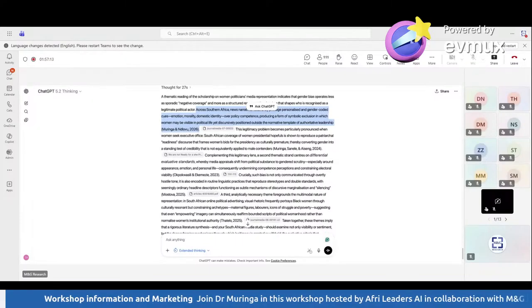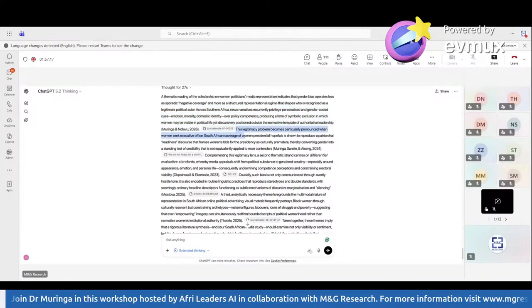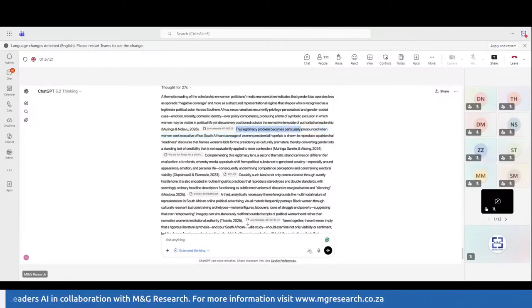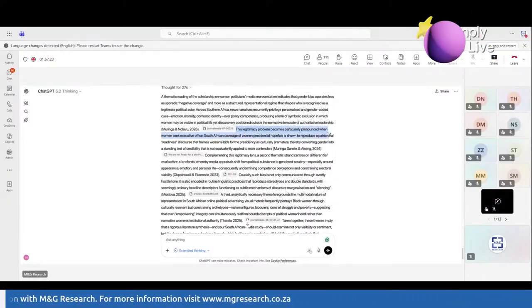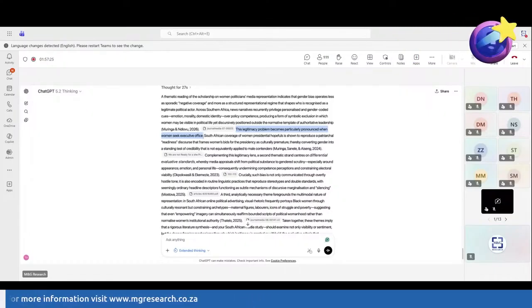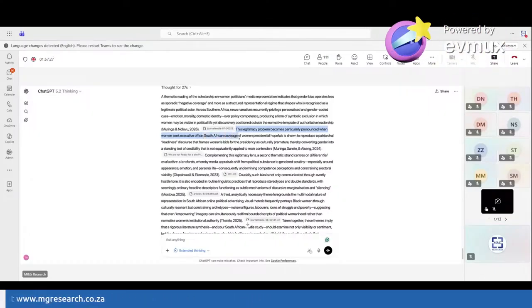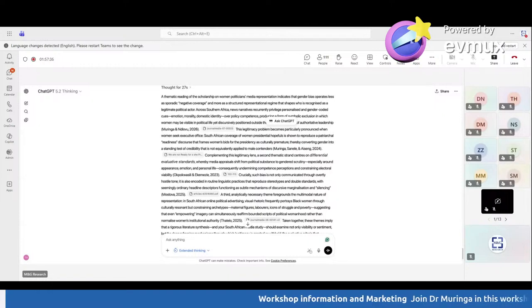This legitimacy here, remember we said the scholarly voice should always feature. It says this legitimacy problem becomes particularly pronounced when women seek executive office. South African coverage of women presidential hopefuls is shown to reproduce a patriarchal readiness, right? Now, this is where the scholarly voice is and ends here, right?